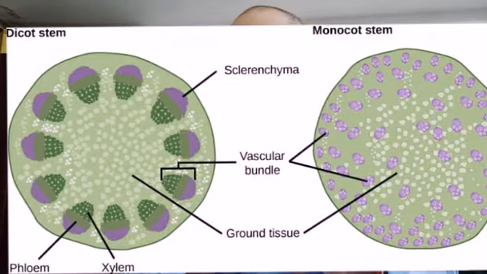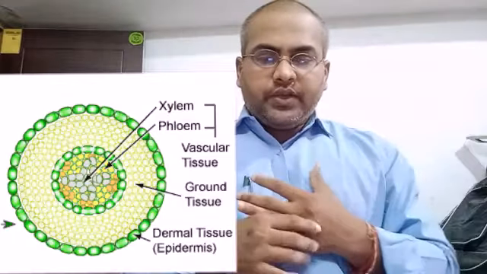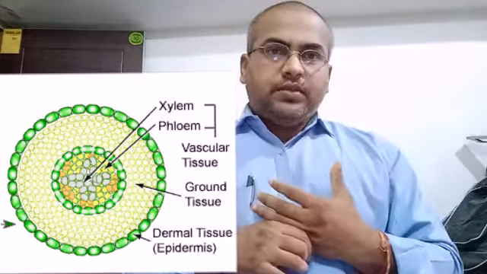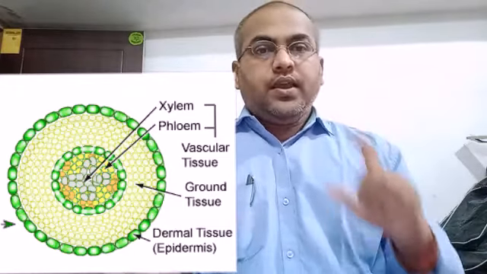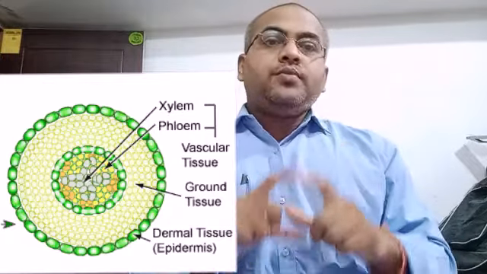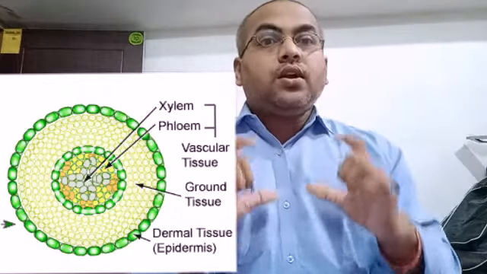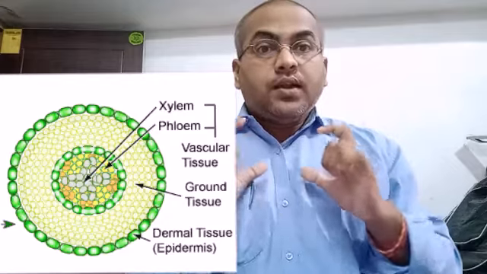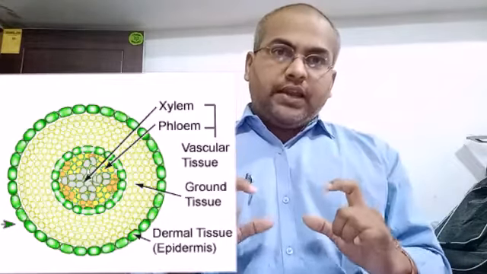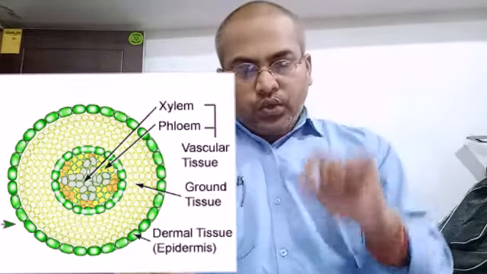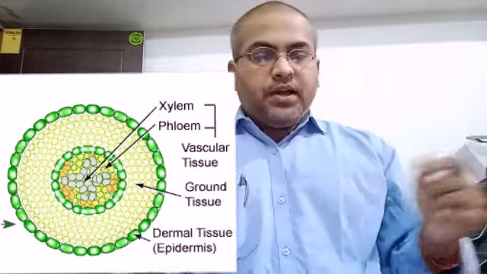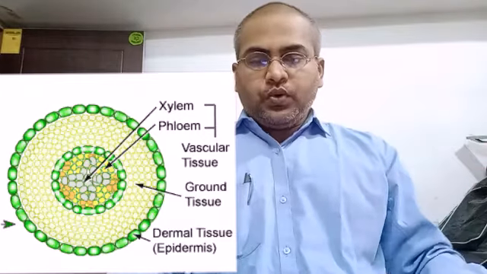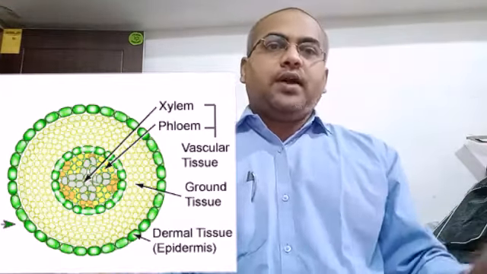The tissue which transports water and nutrients to every part of the plant is called xylem, and this xylem forms a continuous network of channels, which connects roots to the leaves through the stem and branches, and thus transports water to the entire plant.